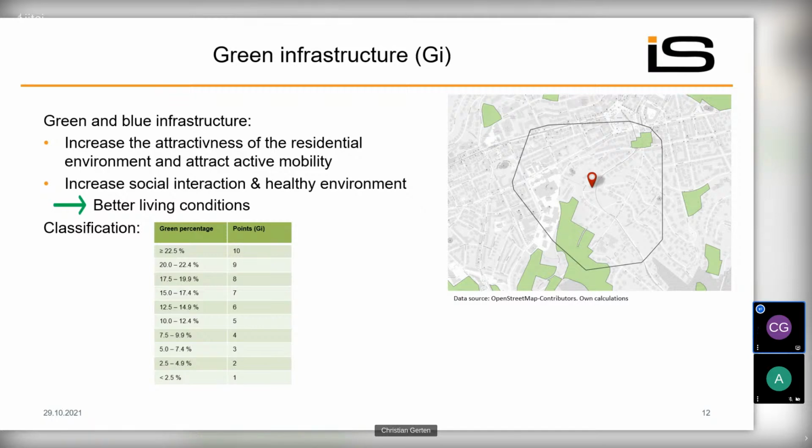It wouldn't be good because there's no space for residential and other amenities. So we say that at a maximum of 22.5%, there is no benefit of having more green space. So we give 10 points, and in 2.5 steps, we go down to just 1 point for less than 2.5% of green infrastructure within the polygon.